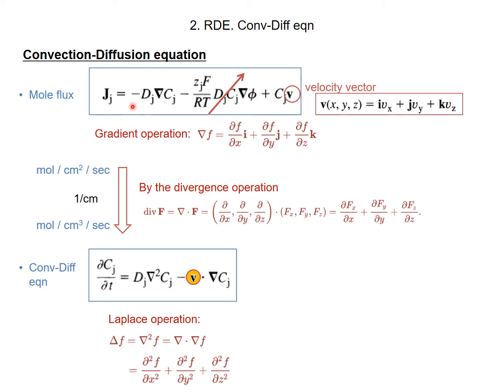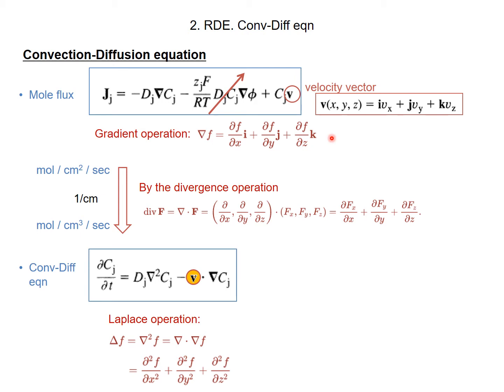We have the gradient here, the gradient of concentration, and even if we will kill the second term, anyway, the gradient of potential. What is the gradient operation? The gradient of a function is df/dx with the unit vector in the x direction, df/dy with the unit vector in the y direction, and df/dz with the unit vector in the z direction.